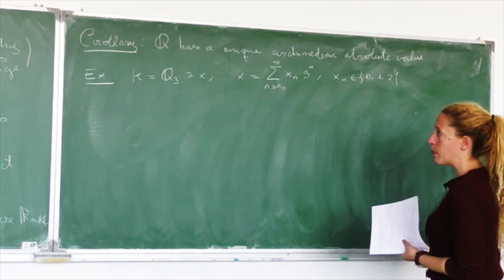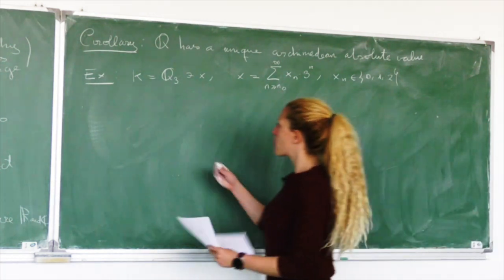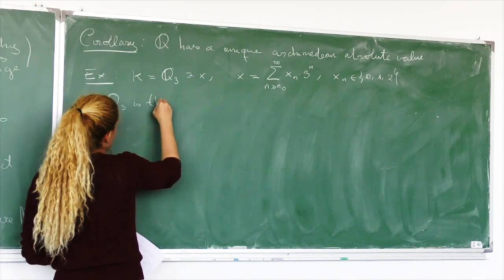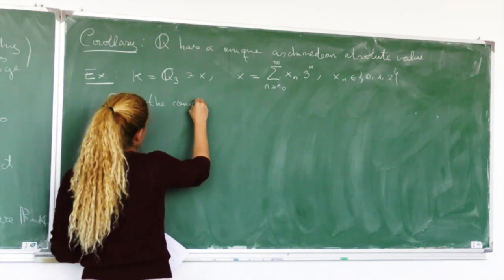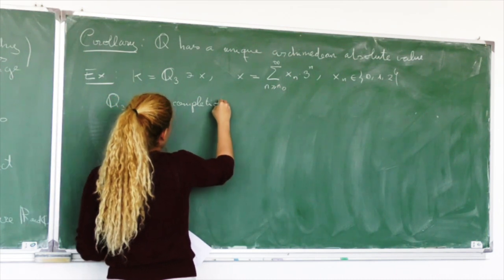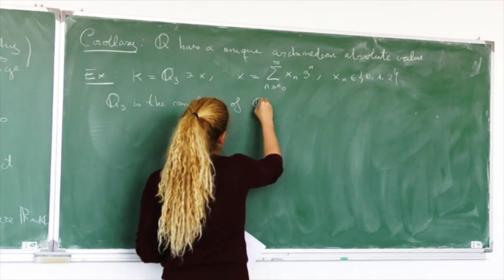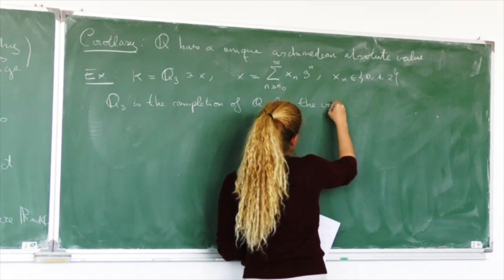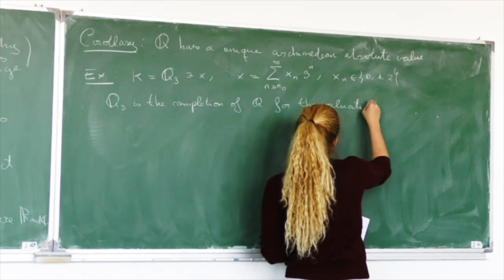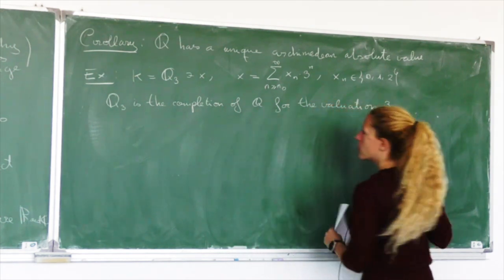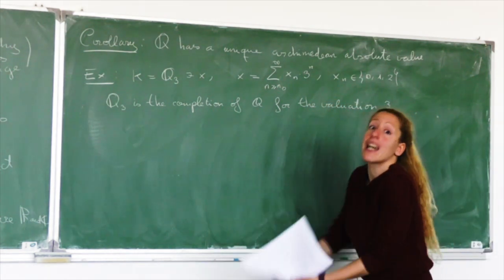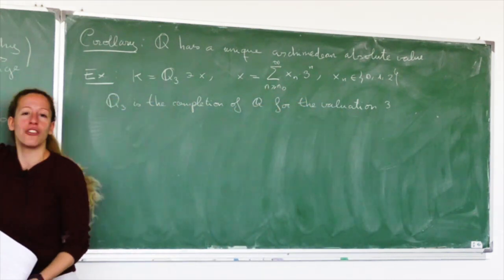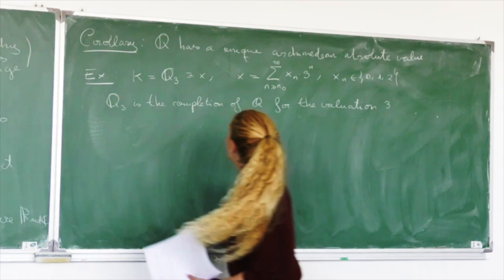Q3 is already complete, because Q3 is the completion of Q for the valuation 3. This is why I call it 3 again, the valuation that I have in Q3. I do this abuse of notation that I mentioned here.